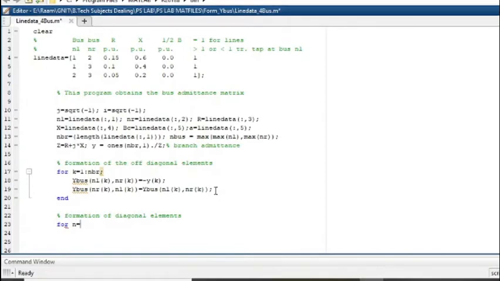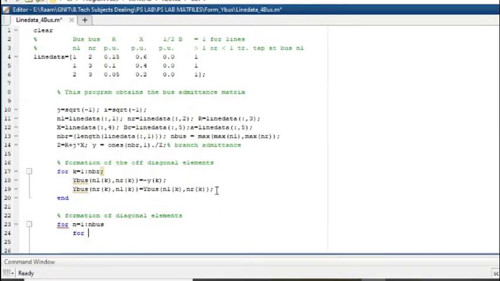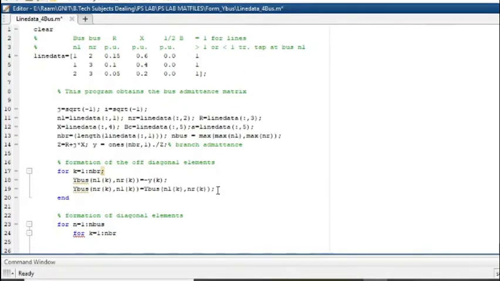So n is equal to 1 to n bus, semicolon, then again we require k is equal to 1 to, similarly as we have written previously, NBR. This also doesn't require any semicolon.